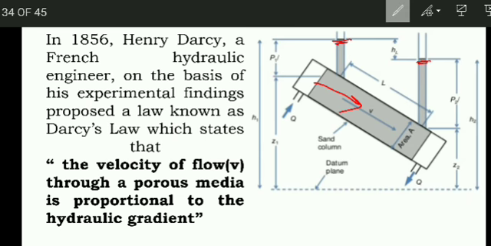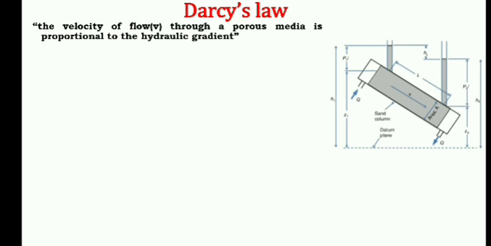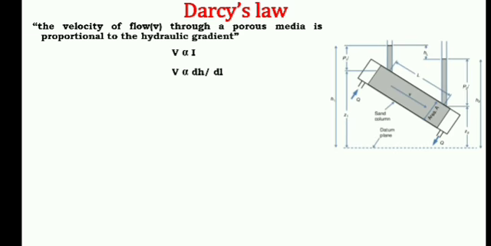So here we'll see the equation for Darcy's law. The velocity, that is V, is proportional to the hydraulic gradient, that is I. I stands for the hydraulic gradient. So we can write V is proportional to dH by dL. What is dH by dL?